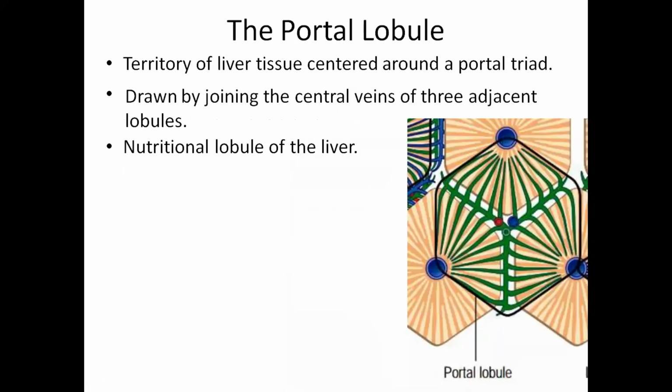Here is another lobule, the portal lobule, the most important one. It is responsible for secretion of the bile. It is concerned with bile flow. It performs an exocrine function. It is the territory of liver tissue centered around a portal triad.